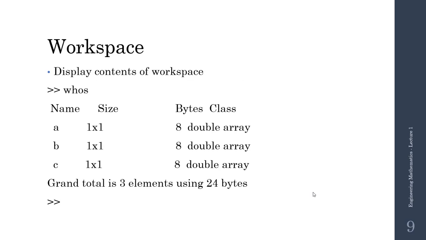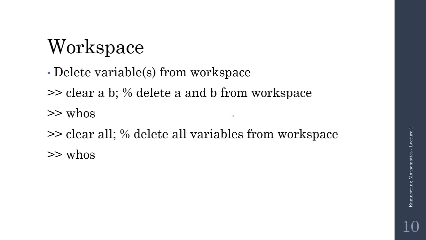You can display the contents of the workspace. Workspace shows what kind of variables you have, what their size is, and what type they are. You can delete variables from the workspace, or you can type the command clear A B. It will delete A and B from the workspace. And you can write whos in order to know what kind of variables you have. And if you type clear all with a semicolon at the end, you will delete all variables from the workspace.